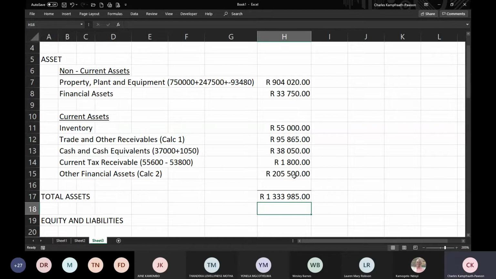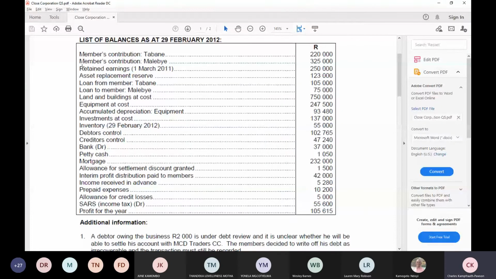We have our current tax, other financial assets. I don't think we've missed anything. There we go, equipment. We did take that. Investment, inventory, did we take in debtors we took into account? We did take bank and petty cash into account, mortgage allowance, all those things we did take into account.